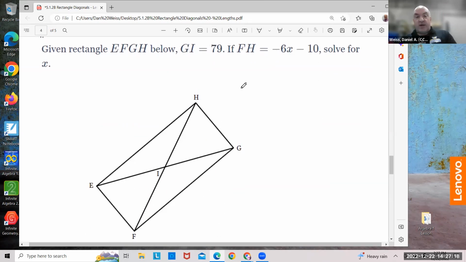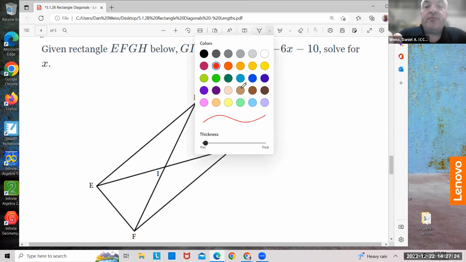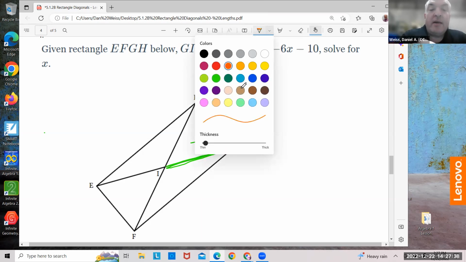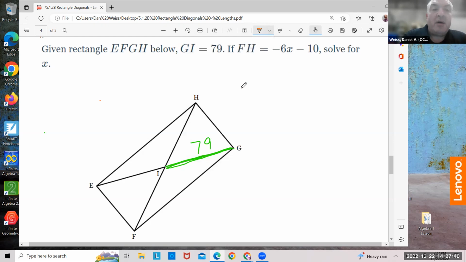Okay, and rectangle EFGH. GI from G to I. GI is 79. Okay. FH. Uh-oh. Wait a minute.